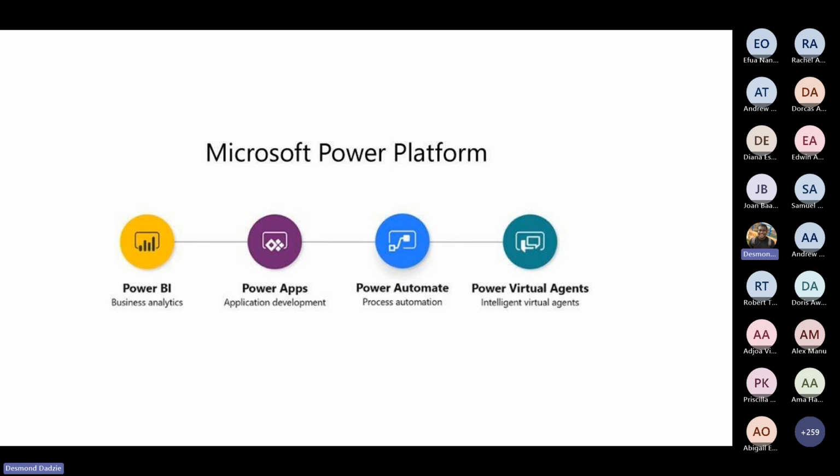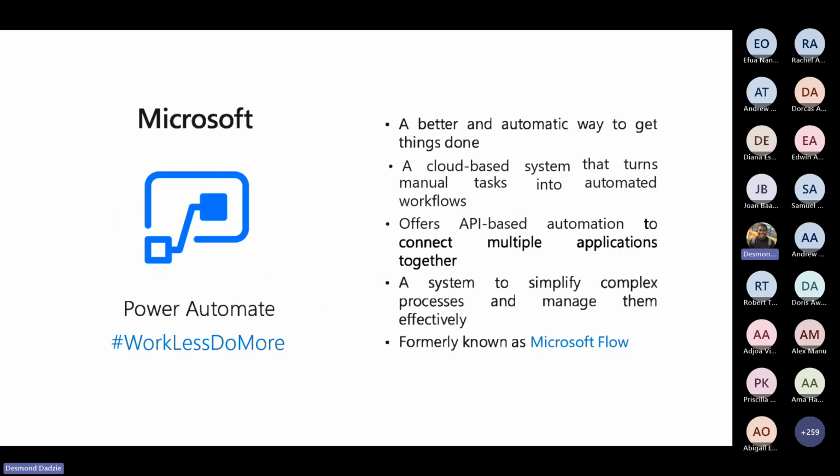So that much for that. Let's delve right into Power Automate. So, what at all is Power Automate that Desmond has been yapping about? Yes, Power Automate is actually a better and also an automatic way to get things done. It was previously known as Microsoft Flow.